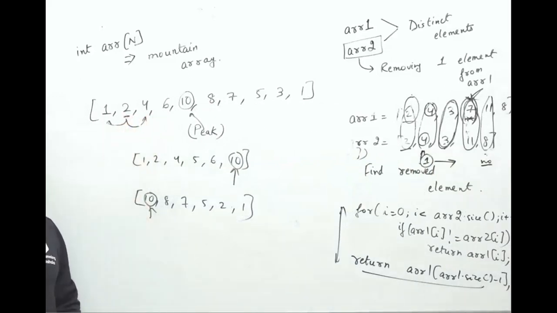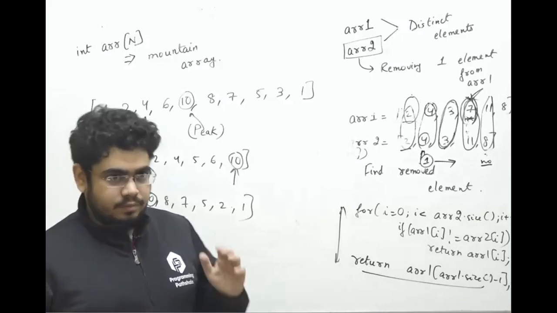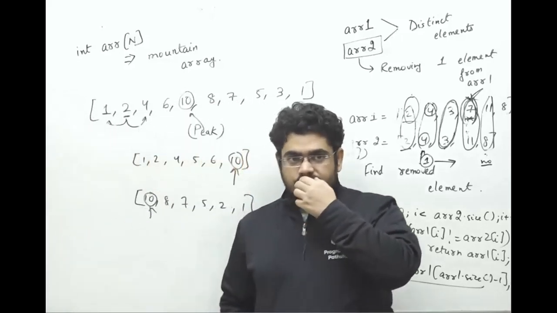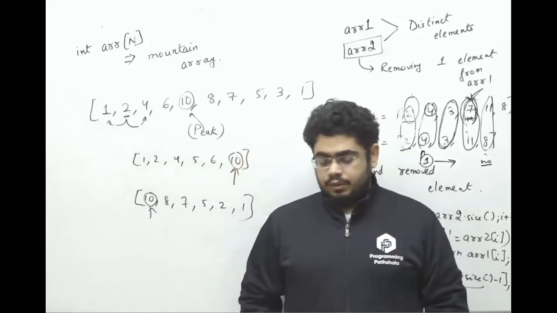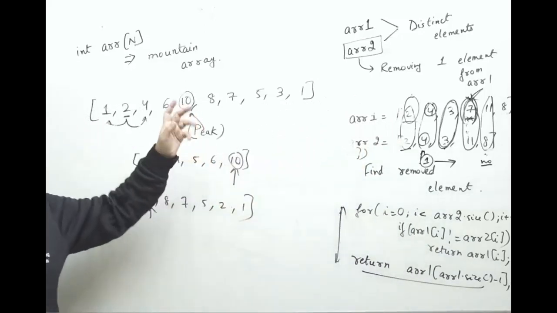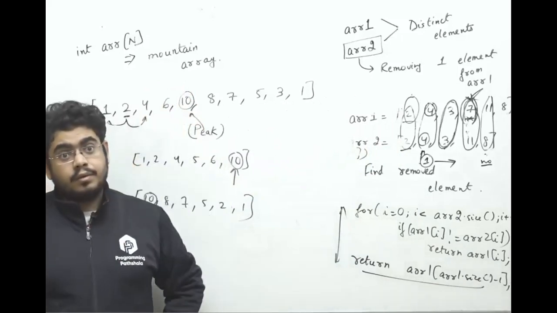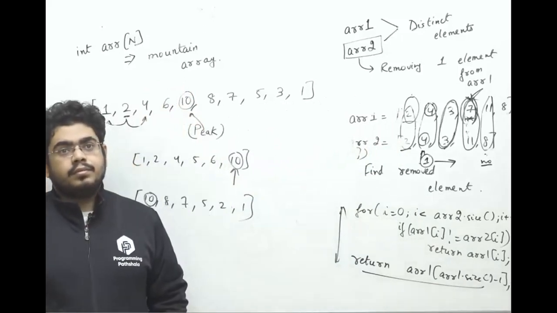What if we have two 10s in the array? That's addressed in the question. You can assume that that kind of thing will never happen, because it will have a single peak. Two peaks does not make sense. Is that okay?